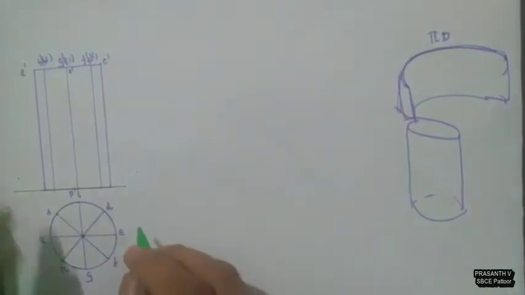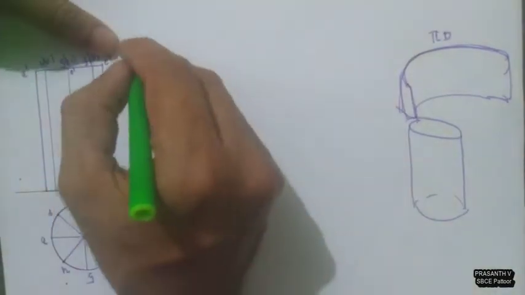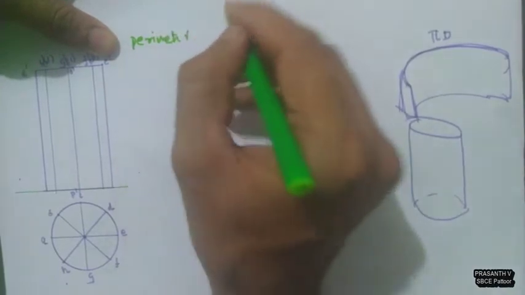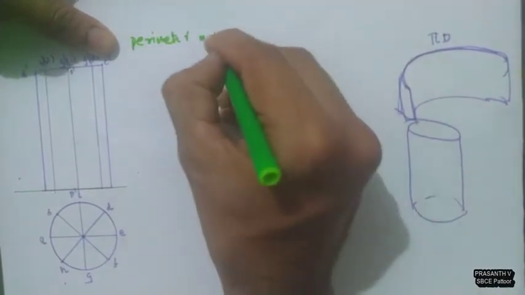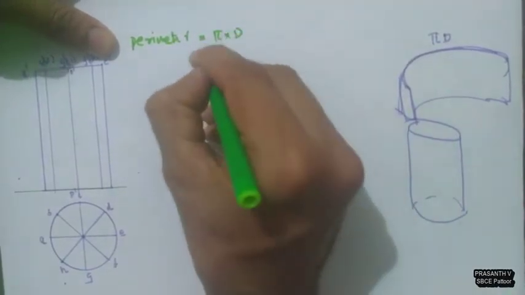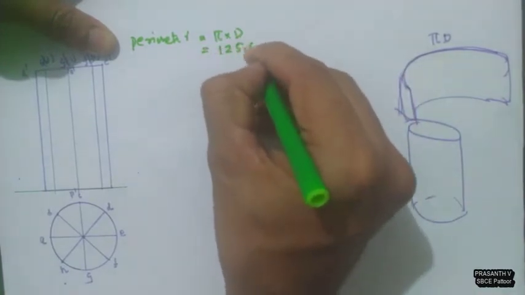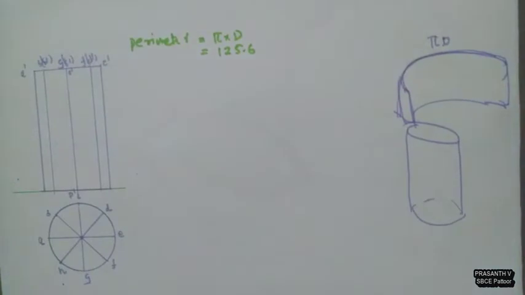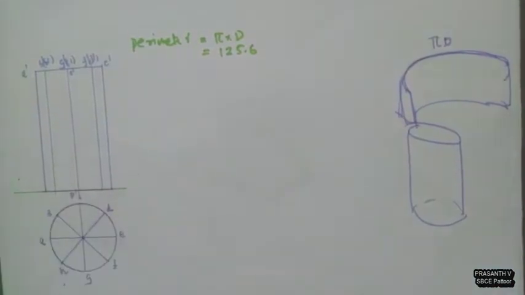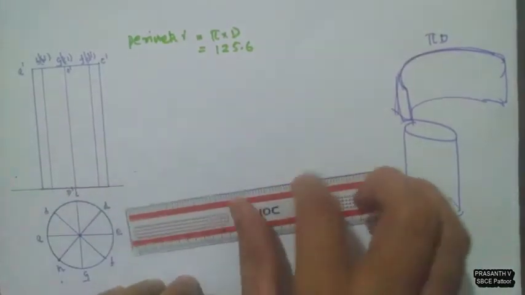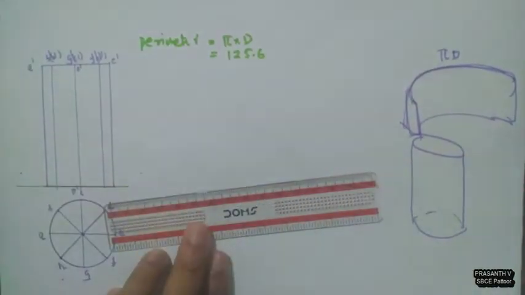Here the perimeter of the circle, pi into d, in this case is 125.6 mm. Now you have to take that much length for development.